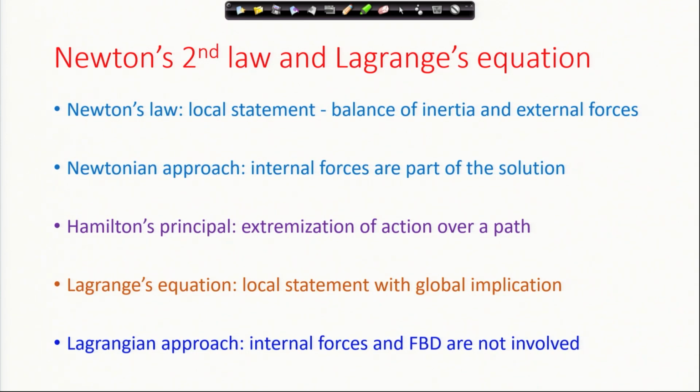Therefore, the approach is quite simple, because we do not need to draw free body diagrams, or involve internal forces or solve for them. But in some situations we do require internal forces, and we are going to discuss a little later how internal forces can also be determined in this Lagrangian approach.